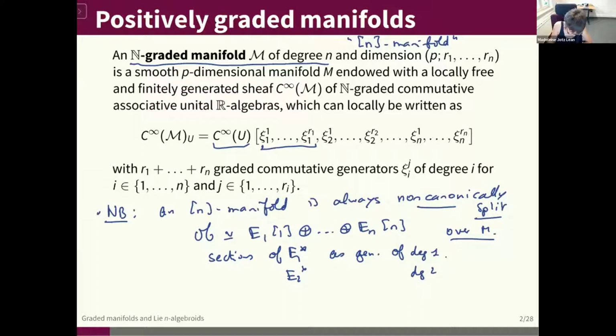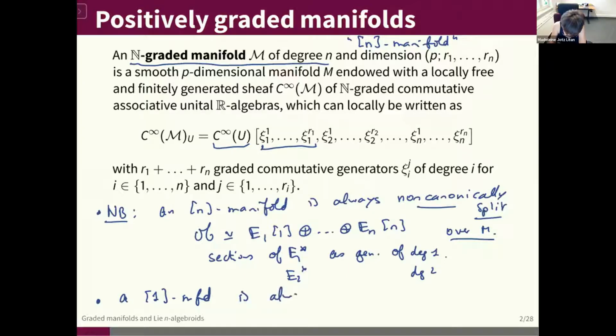What will also be important at the beginning of the talk is that if n equals 1, so a 1-manifold, in that case, the splitting, this isomorphism, is canonical.